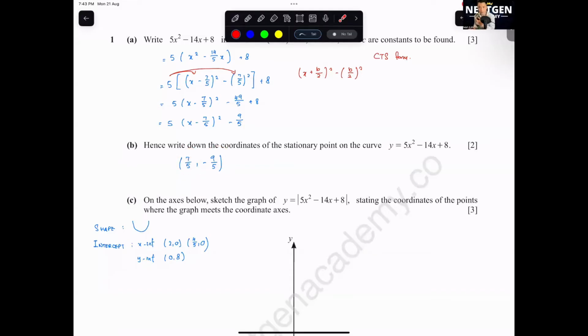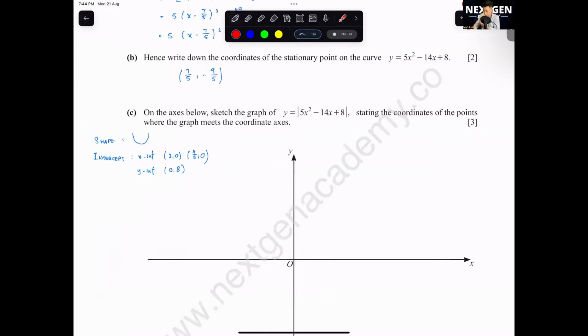Whenever you do this, use the calculator to double check your answer. Don't make silly mistakes, because sometimes in the exam you panic a little bit, so just use your calculator. For this one we also write the minimum point, which we calculated just now: 7/5, negative 9/5.